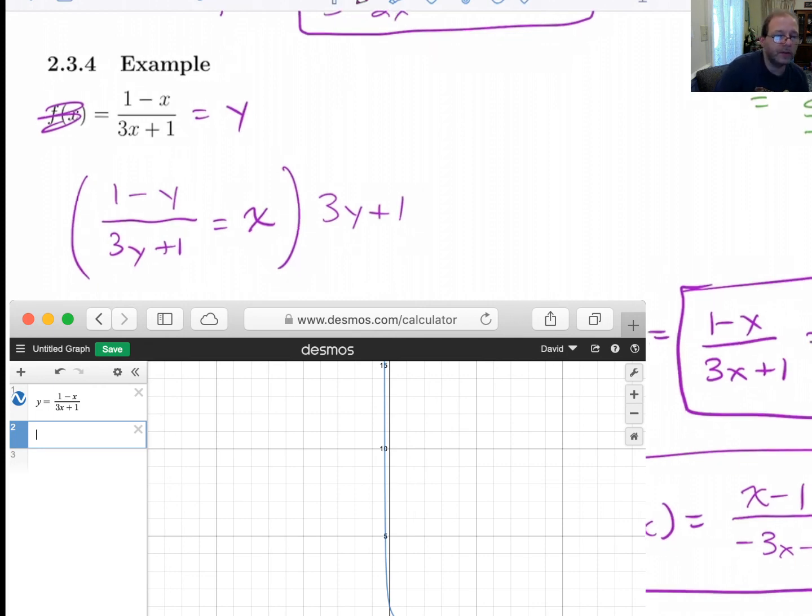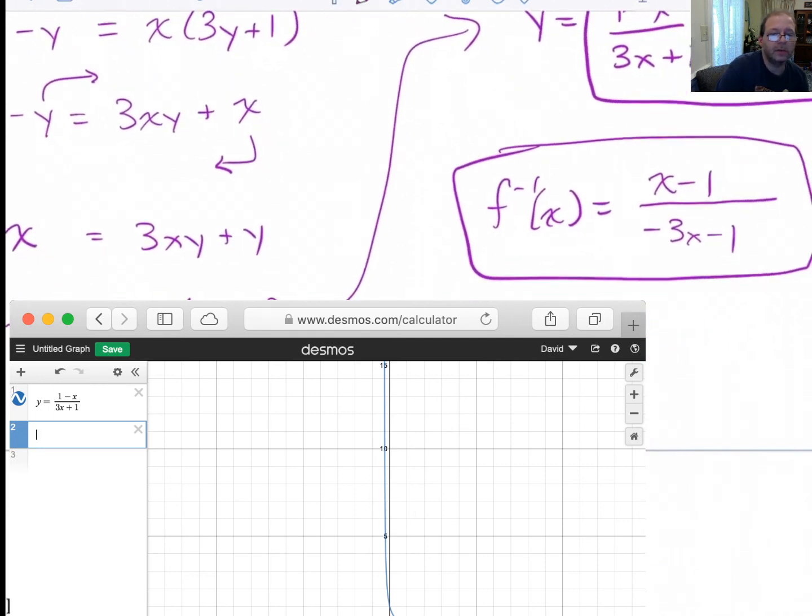And we found the inverse of that to be y equals (x minus 1) over (minus 3x minus 1).